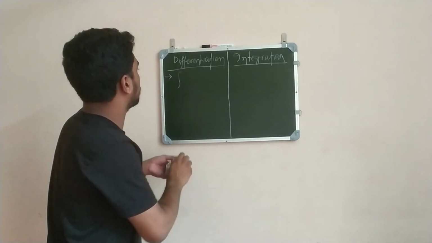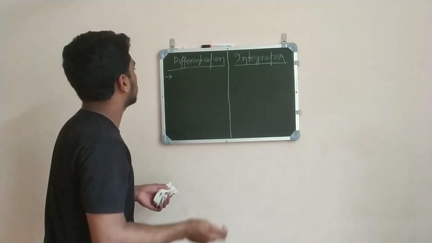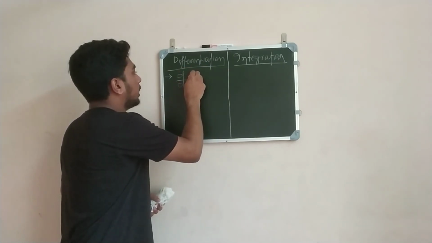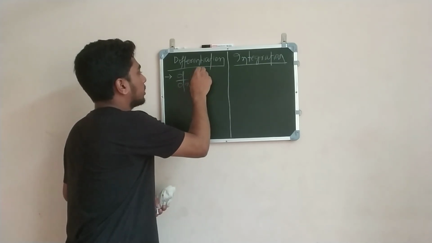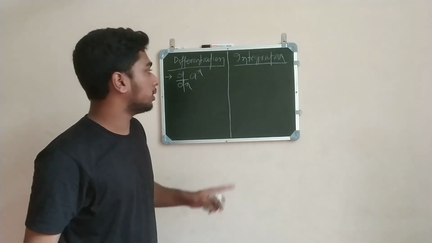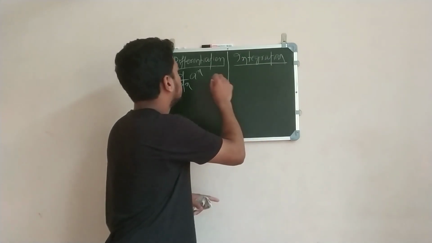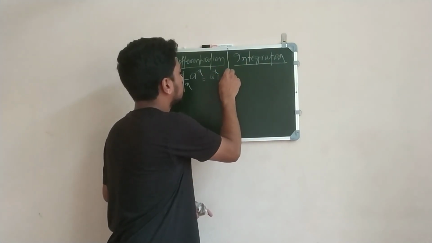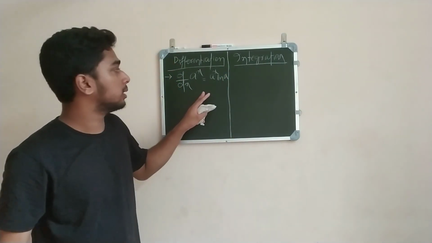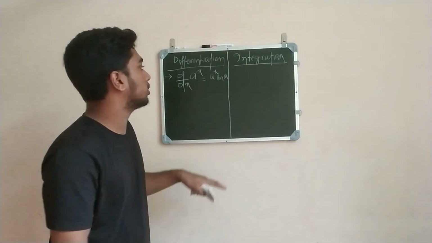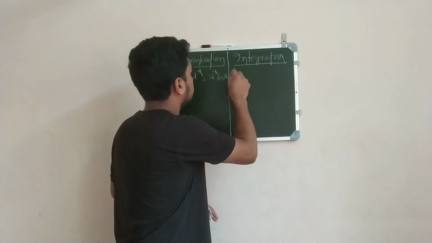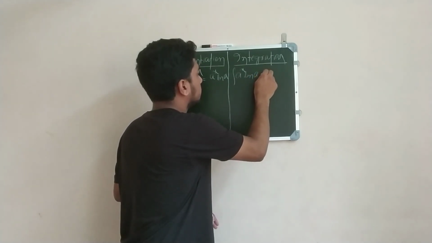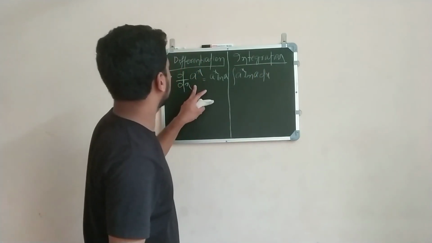The differentiation of a to the power x is a to the power x ln a. So this was our formula. Just put it inverse. Here the integration of a to the power x ln a dx will be a to the power x.